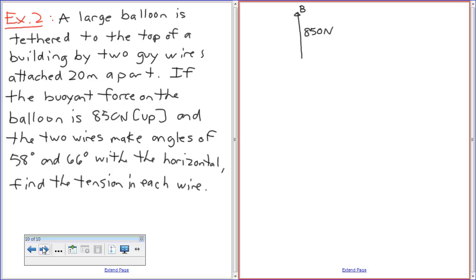Now this is the way we draw these. Luke, if it says 58, we'll do the first one on the left, the second one on the right. If it says 58 degrees to the horizontal, what does that mean, please? Off this way. And I'll call that T1, tension 1.